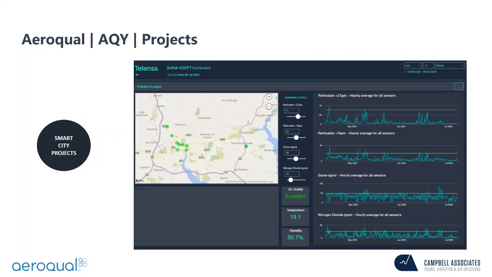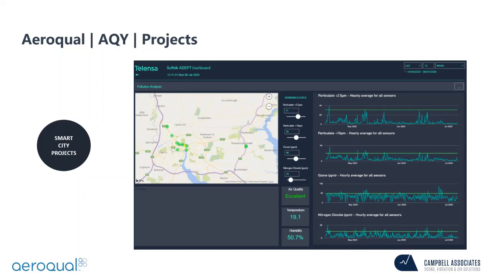Another application would be smart city projects. We have been talking a lot about smart city projects. This is basically integrating different sensors to improve life in big cities or large urban areas.